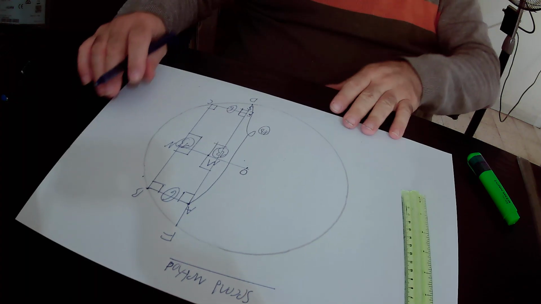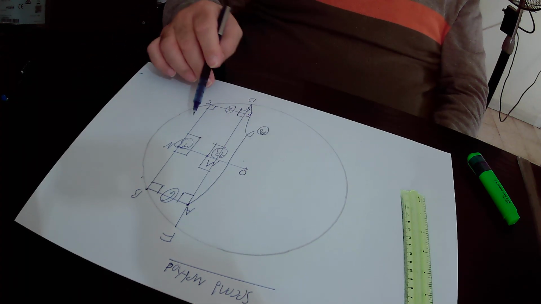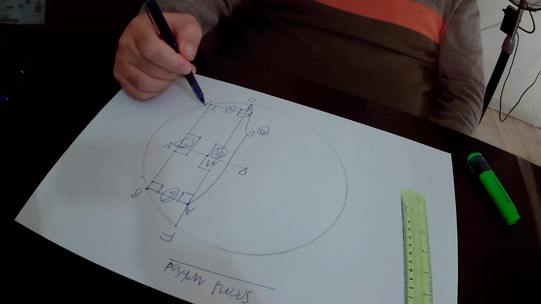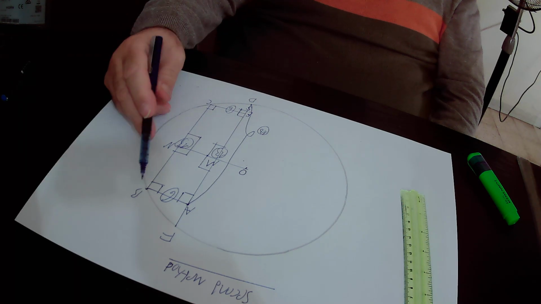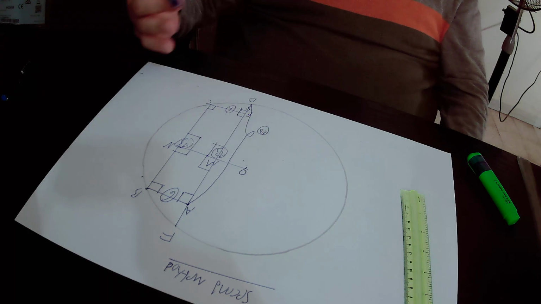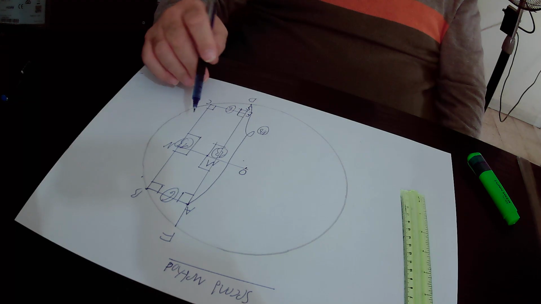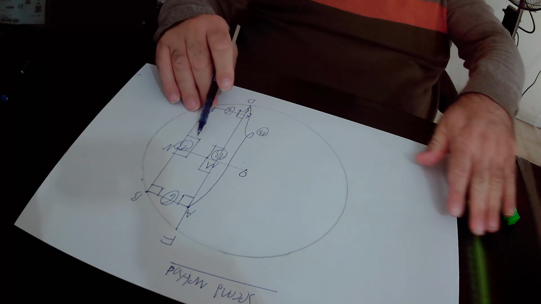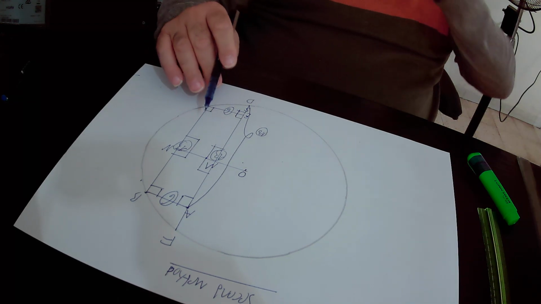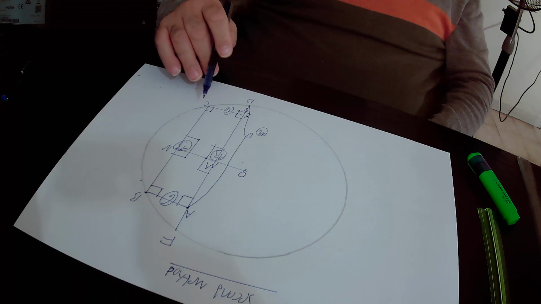So here ON is perpendicular to BC according to our construction. Again, ON is perpendicular to BC. ON is a perpendicular, it is absolutely a straight line. ON is a straight line, and according to the old rule number 1, the sum of the angles on one side of a straight line is equal to 180 degrees.